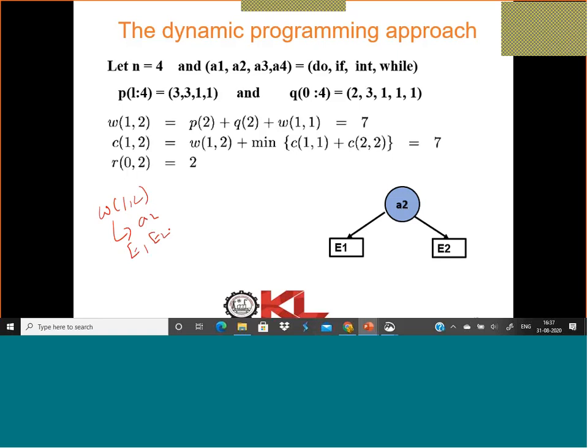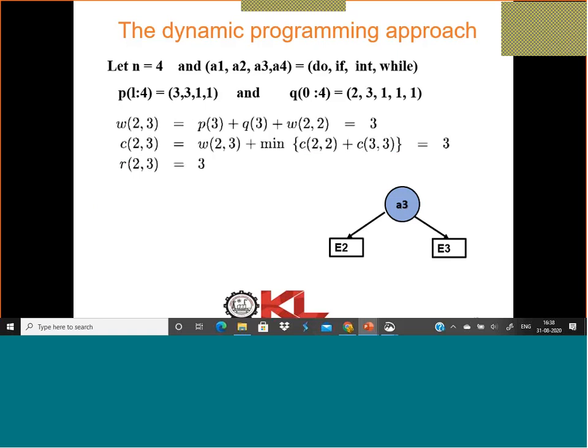So here also W of 1, 2 is 7 and C of 1, 2 is equal to W of 1, comma 2 plus the minimum value of left subtree cost and right subtree cost. This is the left subtree cost, this is the right subtree cost. Now the total cost is 7, and the root element in the small subtree which contains exactly one node is only 2 here.